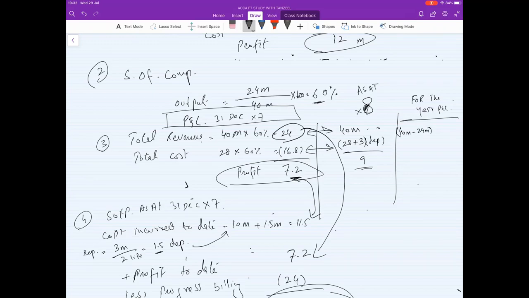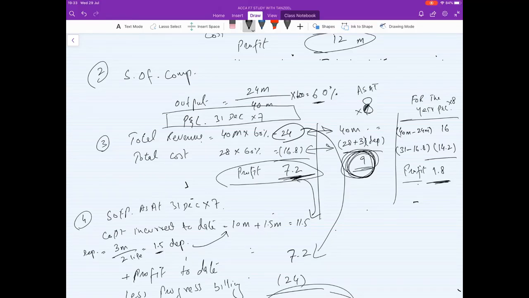So for this year your total earning is 16, and the total cost is 31. Out of this 31, 16.8 is from the previous year. It means for this year the total cost is 14. So the total profit you made is 9. Out of 9, 7.2 was from the previous year, and 1.8 is the profit for this year, for X8.